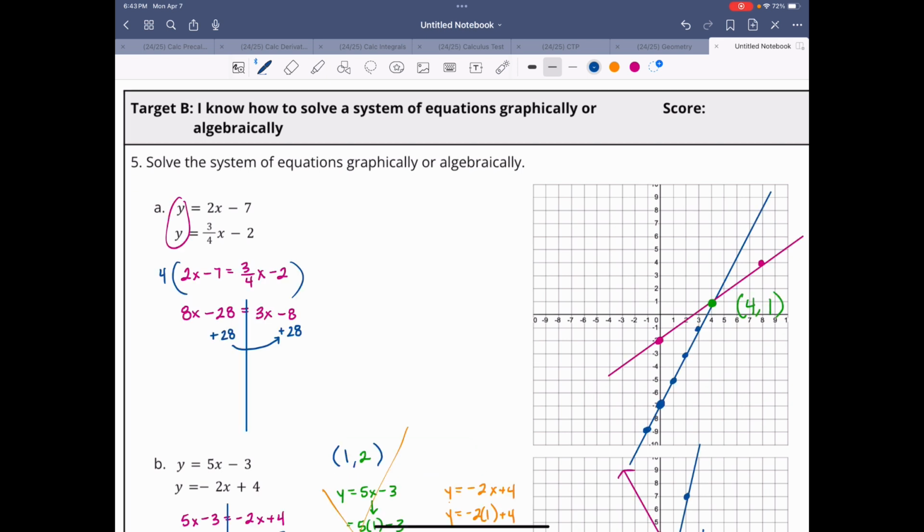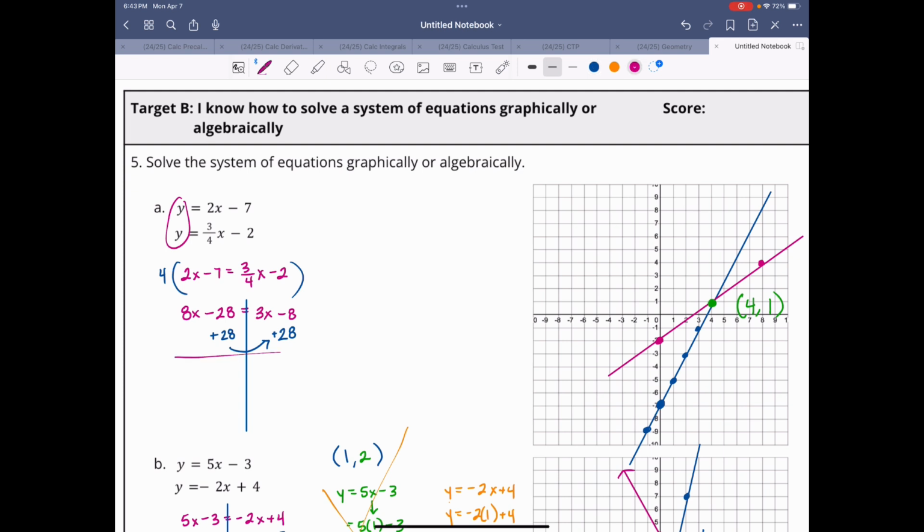Now notice when I went to write this, I put the 28 right underneath my number. There's no point in me putting the number below the variable here because they're not like terms. So I like to keep my work organized. That's why I draw my little arrows to remind me which direction I am going. And I always place my number under the number that I'm going to either add it to or subtract it from or whatever sort of operation I'm using.